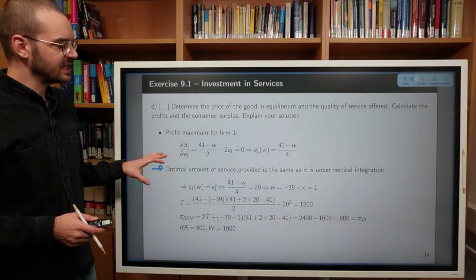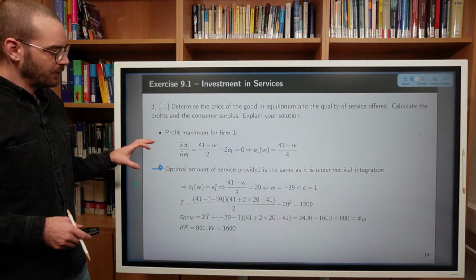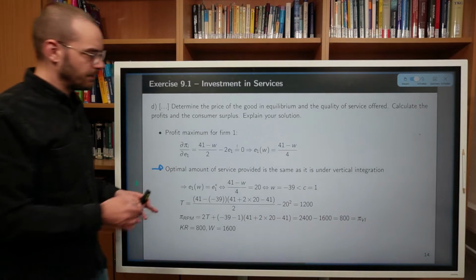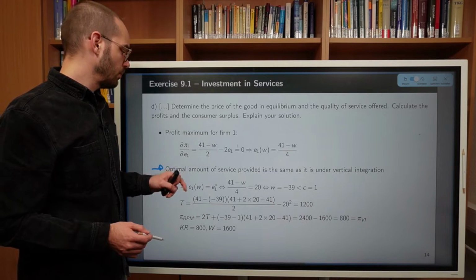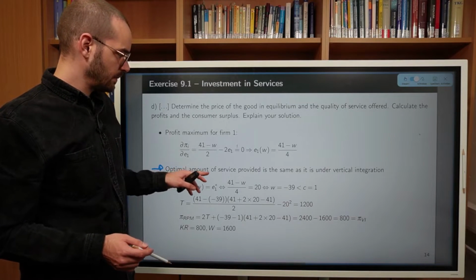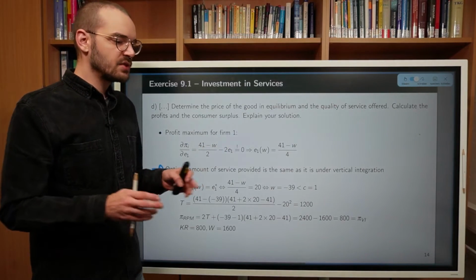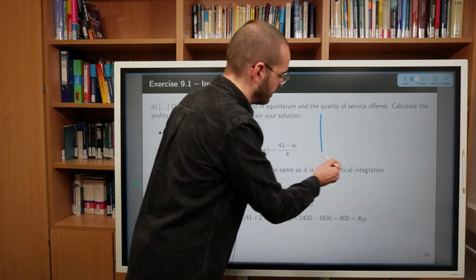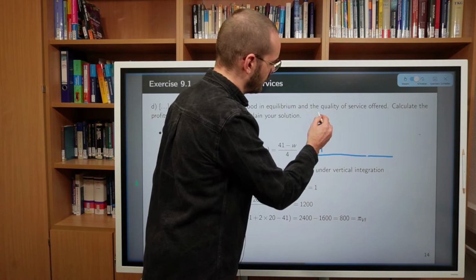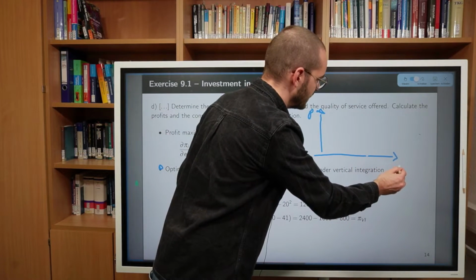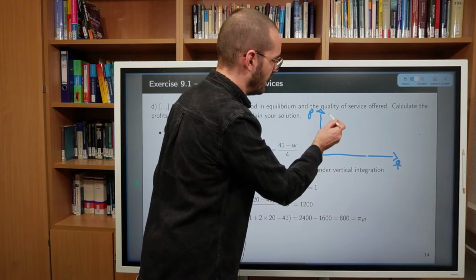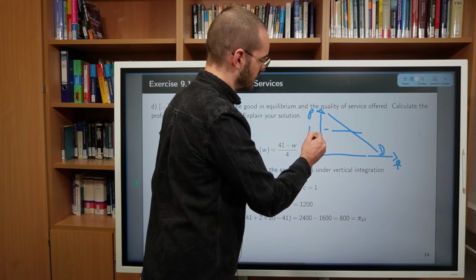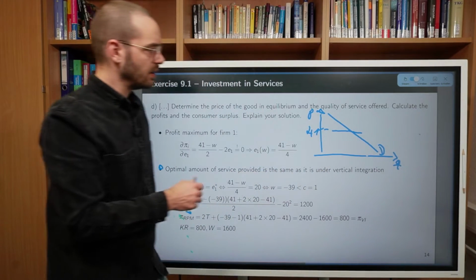A shortcut in the sense that we can make use of a previous result, because if the downstream firms want to maximize their profits for a given price, so we know that in our price quantity diagram we have this decreasing demand function, and now we know that the price will be fixed to 41 right here.